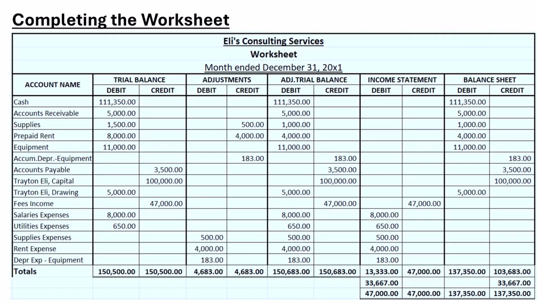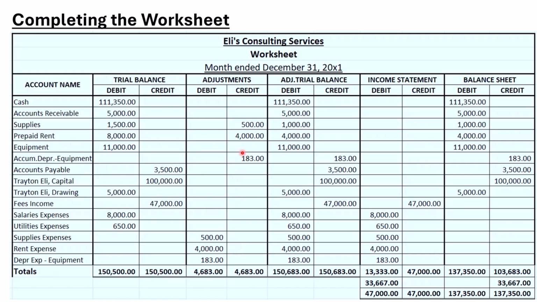We previously worked on the worksheet and completed the trial balance, adjustments, adjusted trial balance, and then the income statement and balance sheet sections of the worksheet. In this example, we only had 3 adjustments.